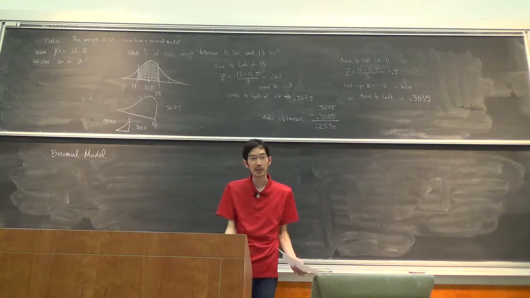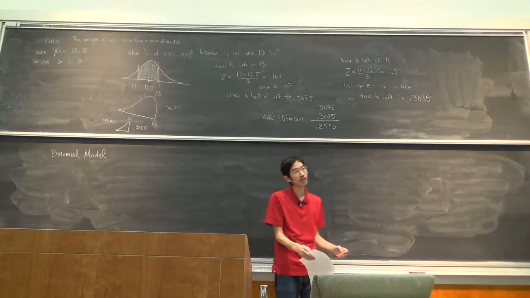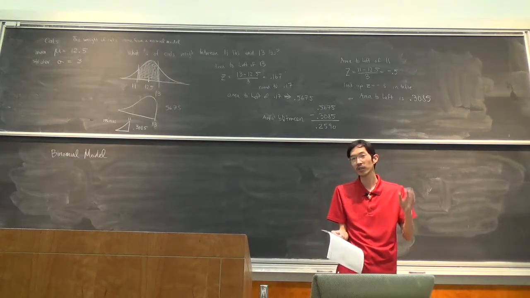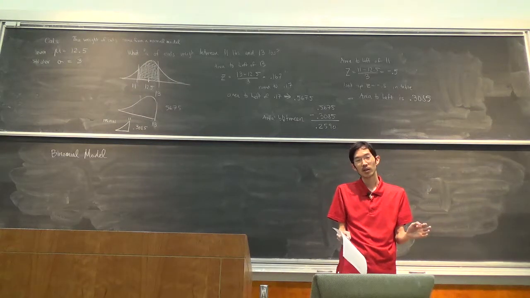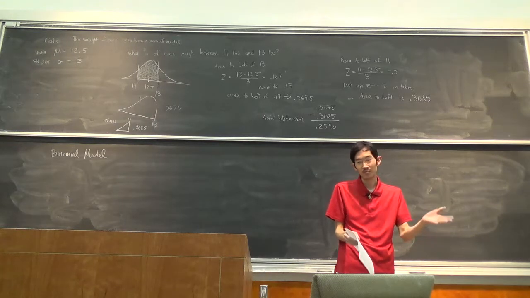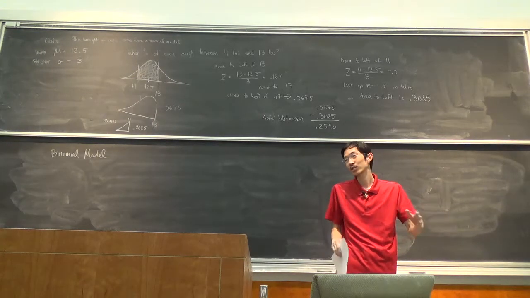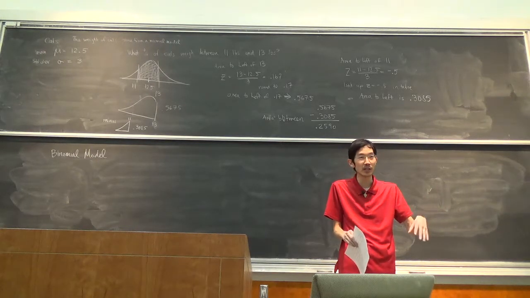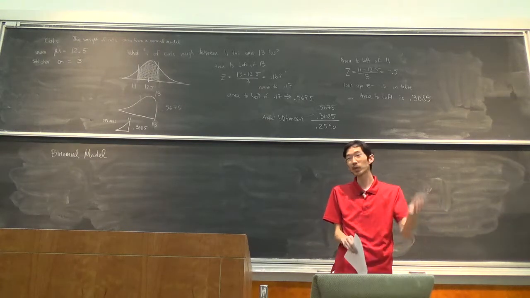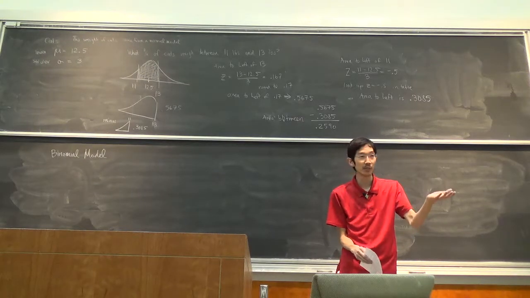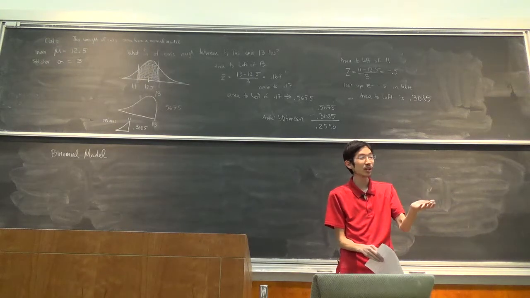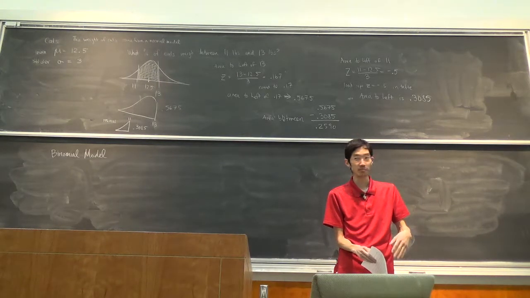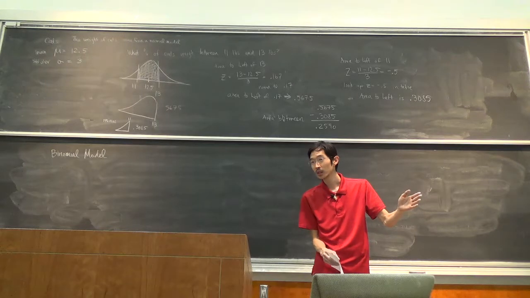So what is a binomial model problem? That is when you're going to repeat the same thing several times, but every time you repeat it, there's a probability of you winning or losing, or a probability of you succeeding or failing, okay? So it's like flipping a coin 7 times. And every time you flip the coin, it can go heads or tails, okay? That's a binomial problem.